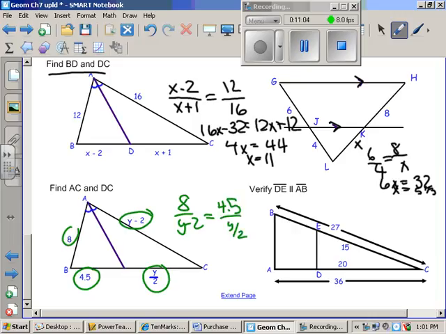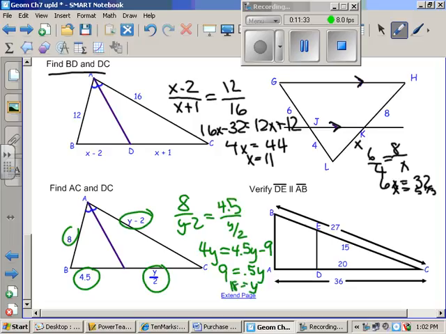Okay? Cross multiply, and I get y over 2 times 8 is 4y. And 4.5 times y minus 2 is 4.5y minus 9. I'm going to add 9 to both sides, subtract 4, and I get 9 is equal to 0.5y, so y is 18.